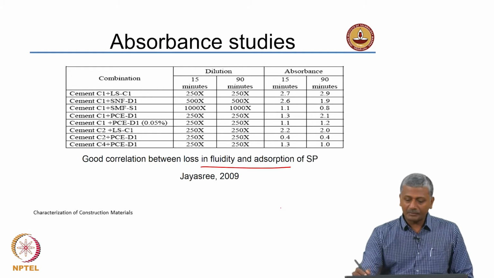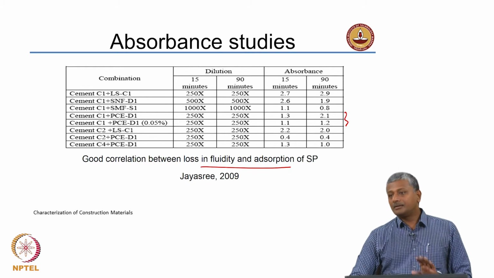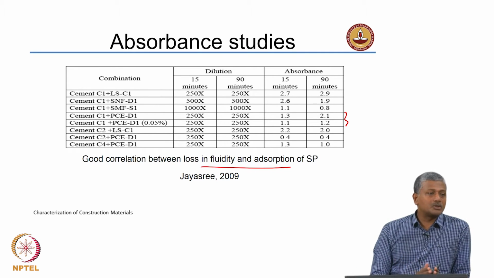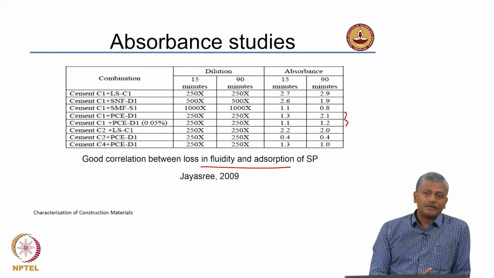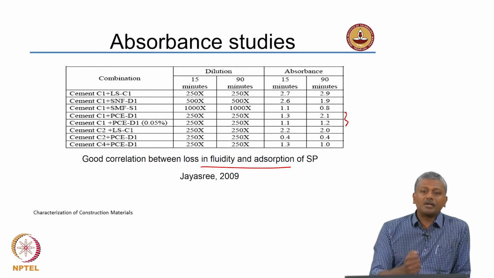What we generally notice is that the systems which have polycarboxylic ether in them tend to have a larger amount of the superplasticizer remaining in solution even after 90 minutes of the mixing of cement and water. That simply tells you that the greater effectiveness as far as dispersion is concerned would be obtained from these kinds of molecules.